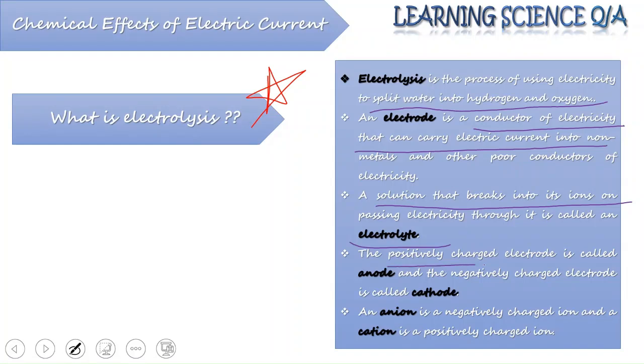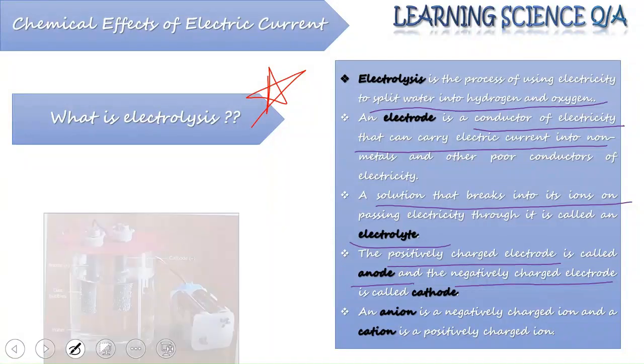A positively charged electrode is anode, and a negatively charged electrode is cathode. Also, a negatively charged electrode will attract the positive ion, and a positively charged electrode will attract the negative ion. So always remember this sequence.